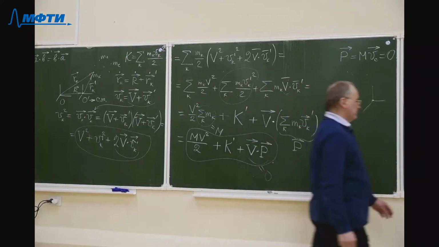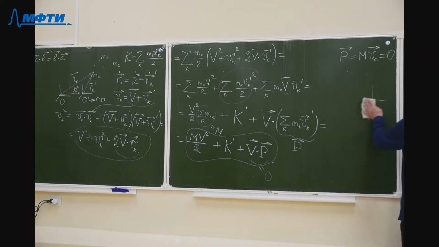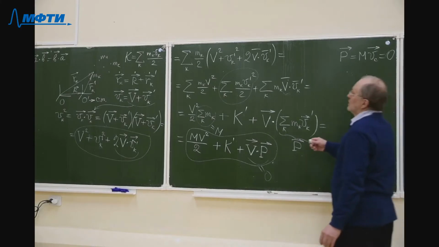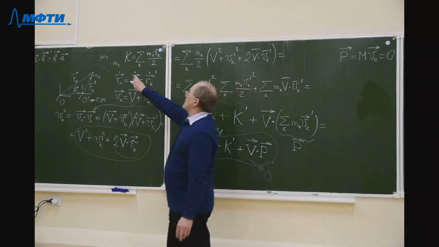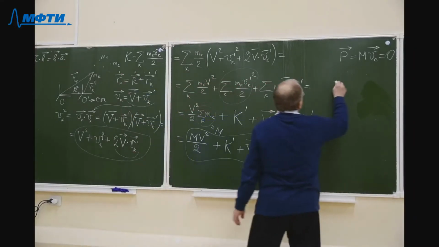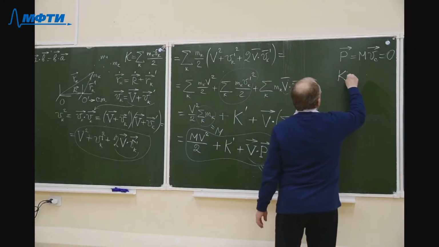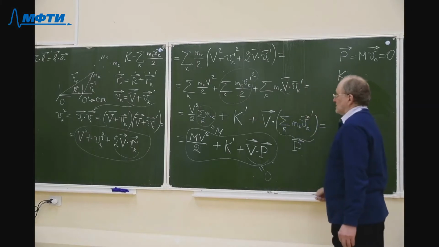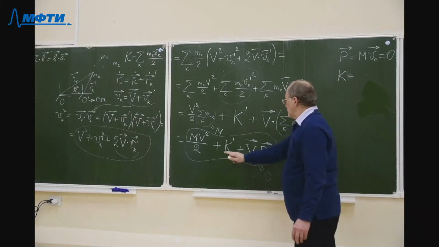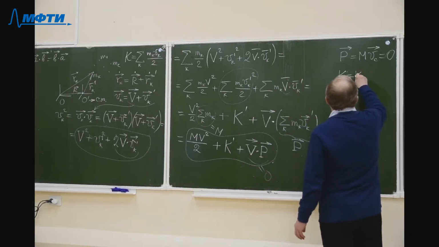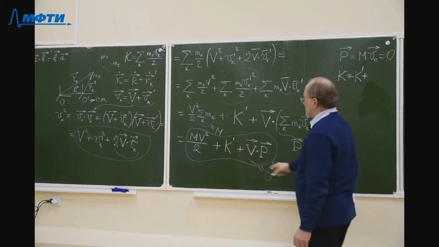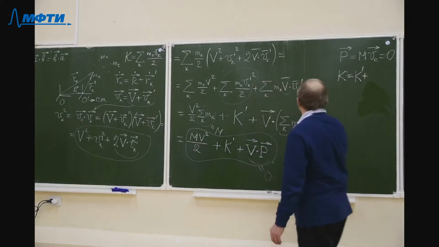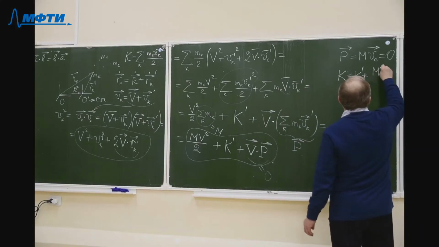And we obtain the final result in Koenig's theorem, which is: the kinetic energy in the first reference frame equals the kinetic energy in the second reference frame plus the total mass of the system of particles times the velocity squared over 2.